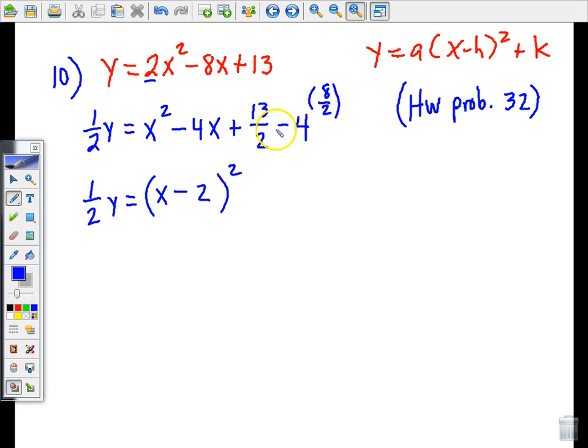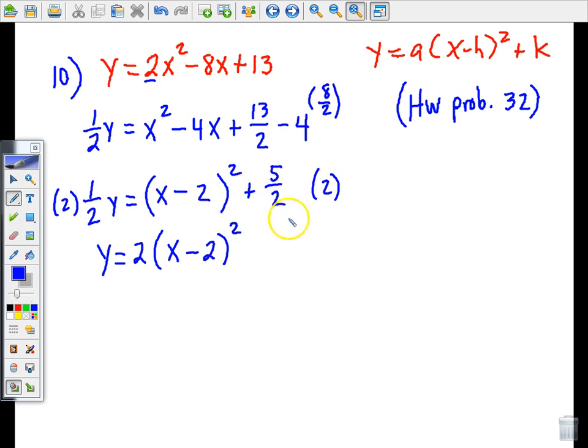So 13 over 2 minus 8 over 2 is 5 over 2. All right, and now I need to set this so that it's solved for y, so just think about multiplying by 2 on both sides. This will get us back to our vertex form final answer.